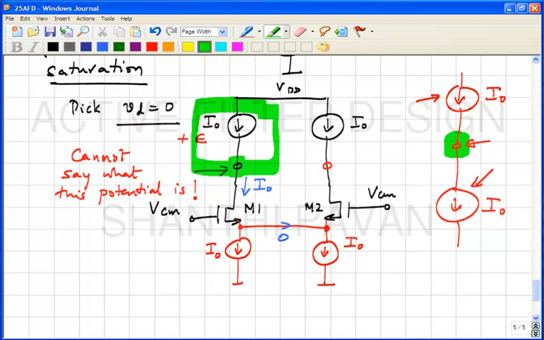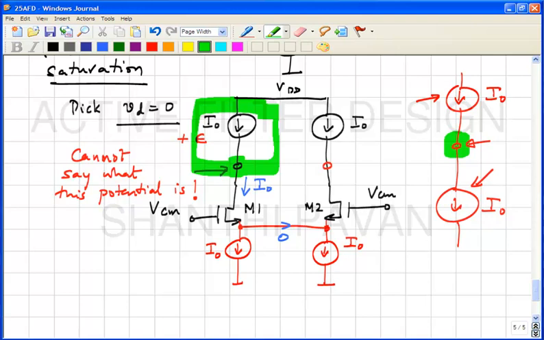On the other hand, if the push up current is slightly smaller than the pull down current, what will happen? The node potential will go on decreasing. And if the two currents are exactly the same, the node potential will stay constant.